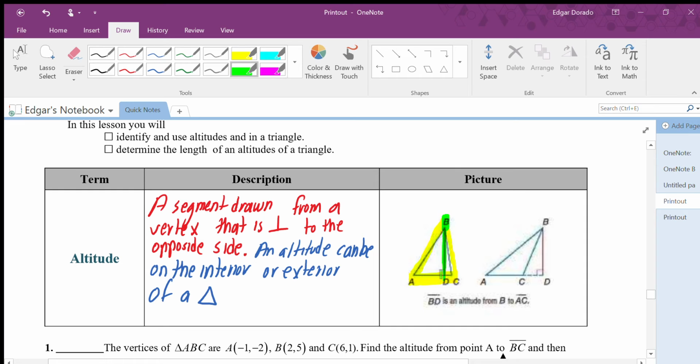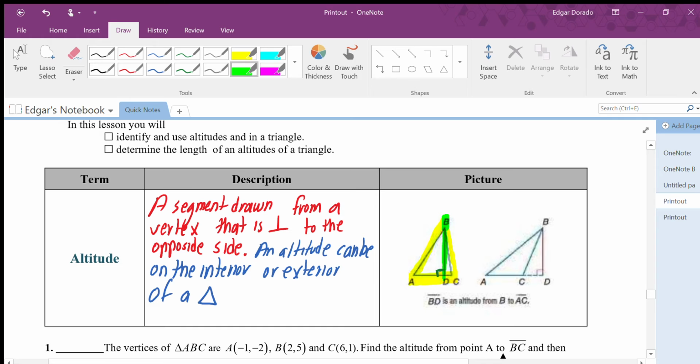So directly perpendicular would be right there. Notice that creates a little 90-degree angle here. Okay, and that green line that I just highlighted right here falls on the inside of the triangle. But that might not always be the case.